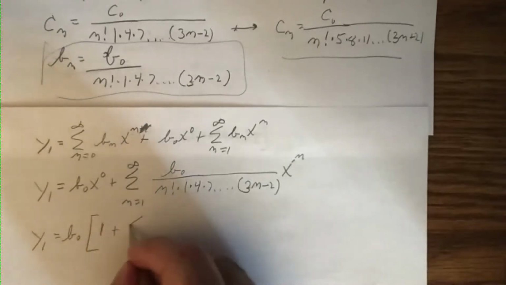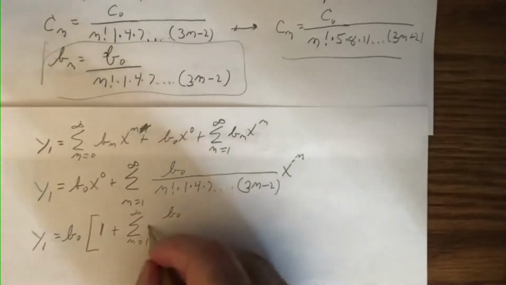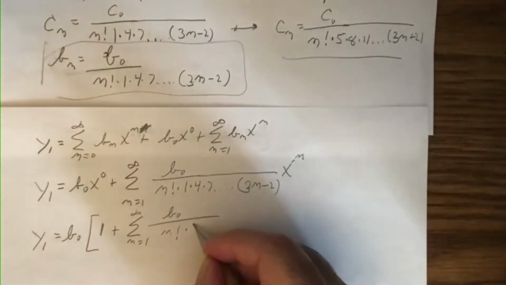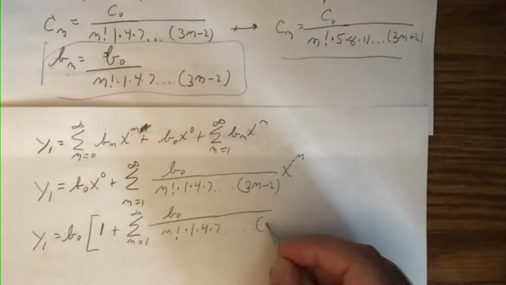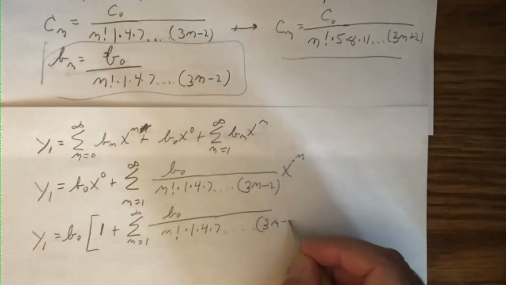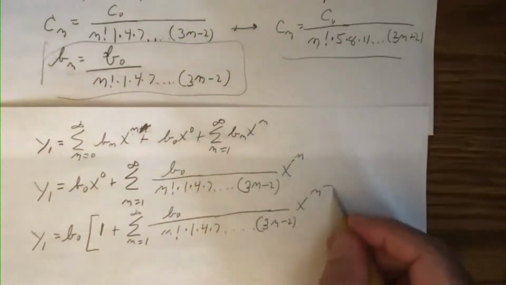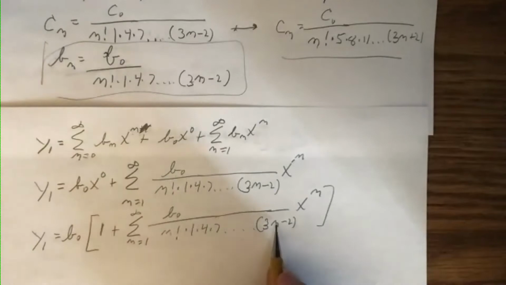And then this is... So that's one of my solutions. All I did here was factor out the b0. That's just another way of writing it.